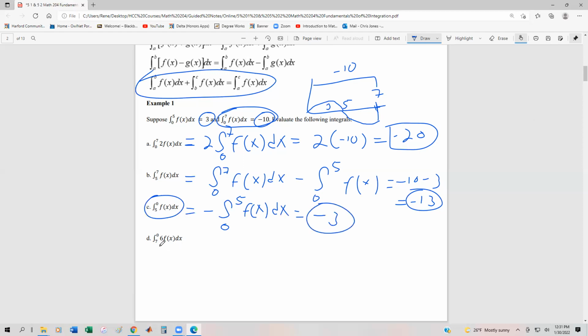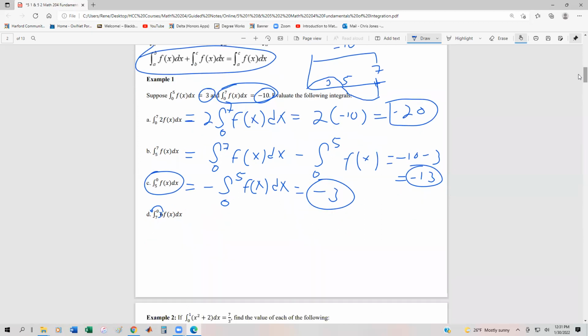And then finally, we have the integral from 7 to 0 of 6 times the function dx. We're going to factor the 6 out, but we're also going to use the rule where we flip the bounds and make the integral negative. So when we finish this off, that's going to be the opposite of 6 times the integral from 0 to 7 of f of x dx.